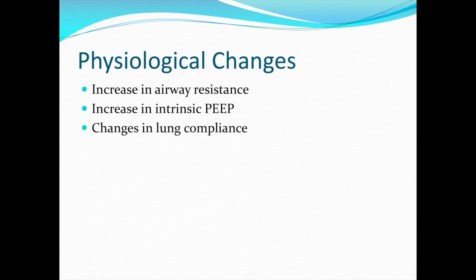There are also changes in the lung compliance, both in the dynamic and static compliance, primarily because of alveolar collapse, but suctioning and instillation of normal saline during bronchoalveolar lavage can wash out the surfactant and affect the compliance as well.